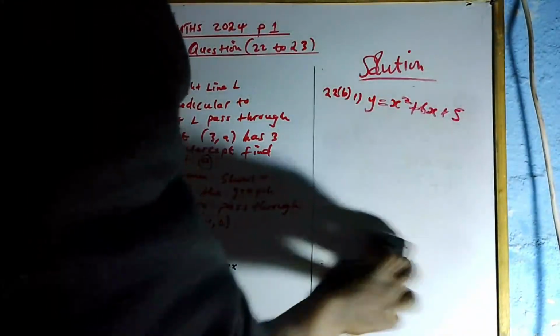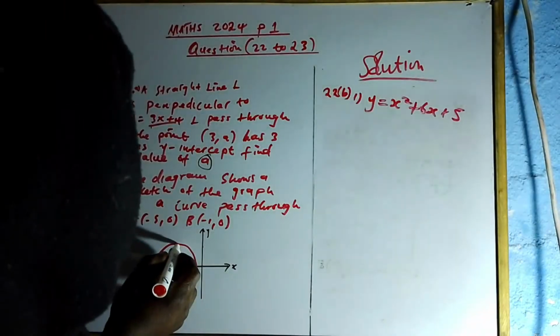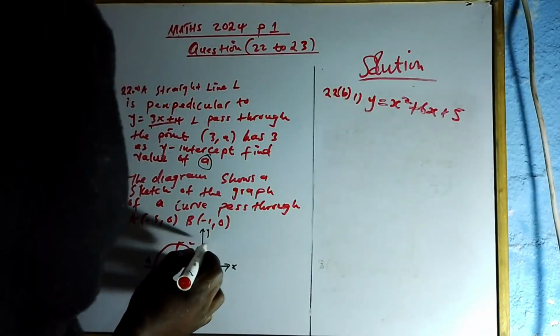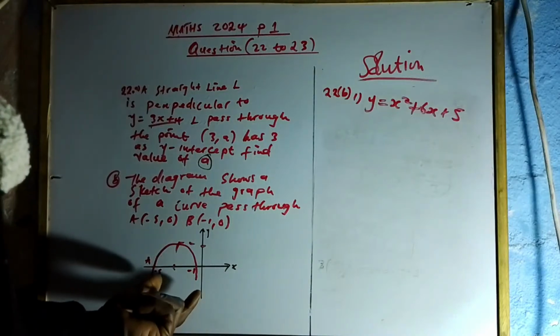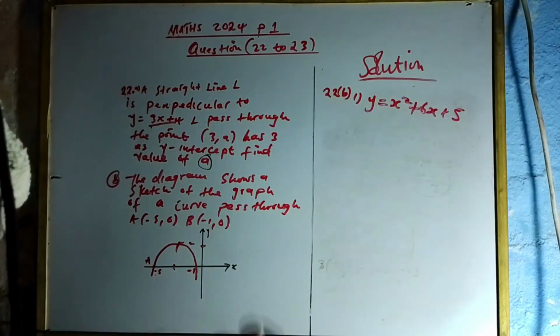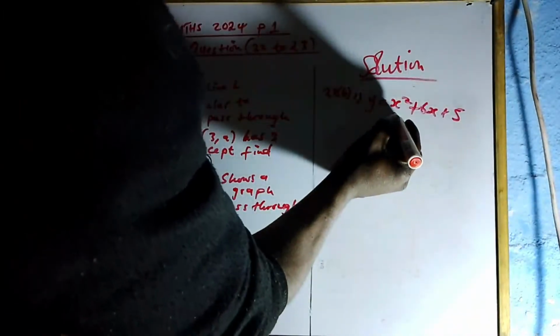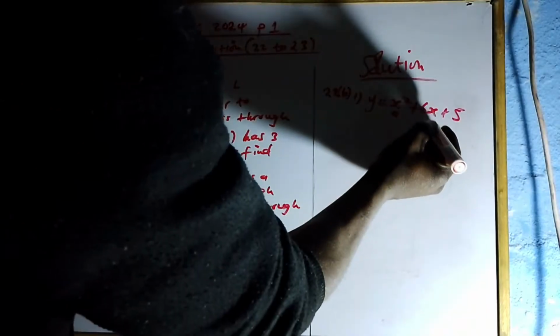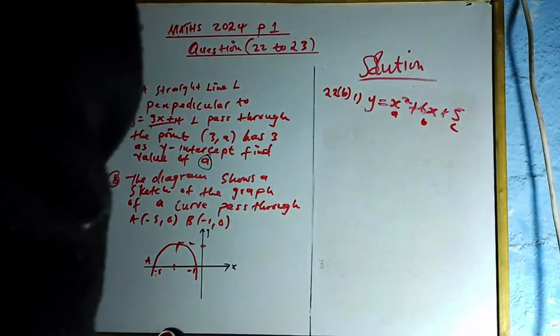So now let's find the turning point. The turning point is this one for x and for y. So for the turning point, here we have a, and here we have b, c.